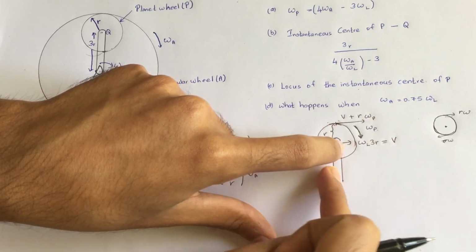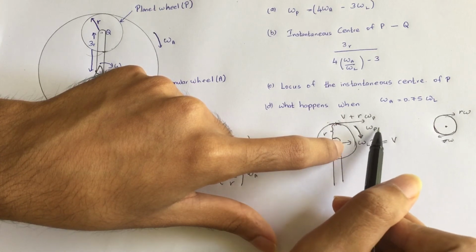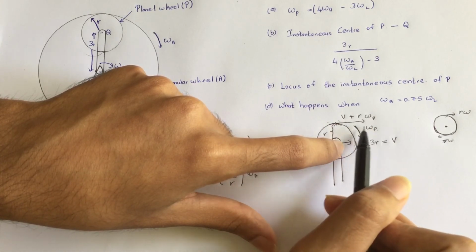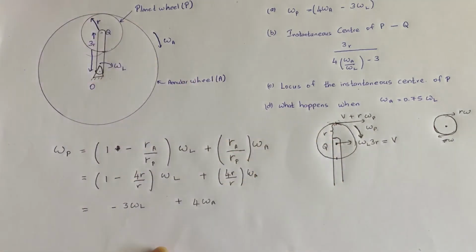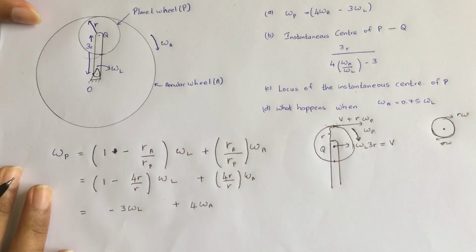If it's going to rotate about this point, the velocity given by omega P is going to be r into omega P. Radius into angular velocity would be the real velocity.